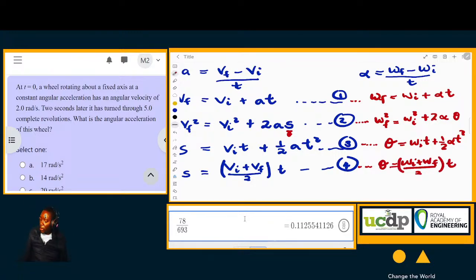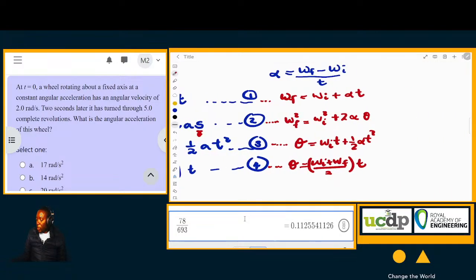So t hasn't changed. We've substituted for our displacement; we have angular displacement represented by theta. Remember, theta is in radians, omega is in radians per second, and t is in seconds. So that's how you interchange to this domain.